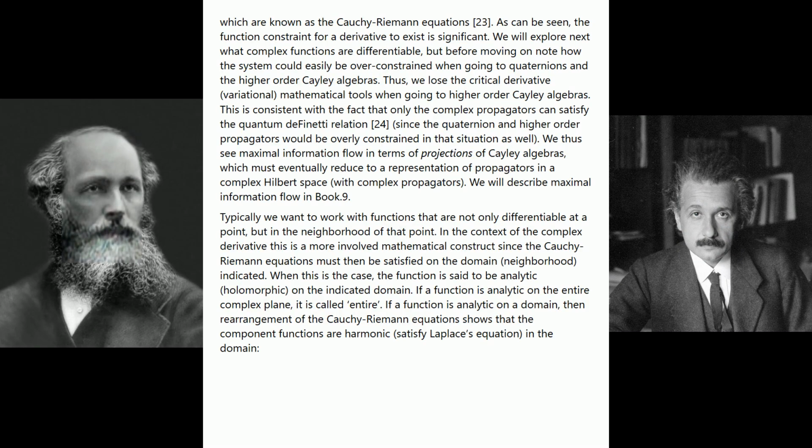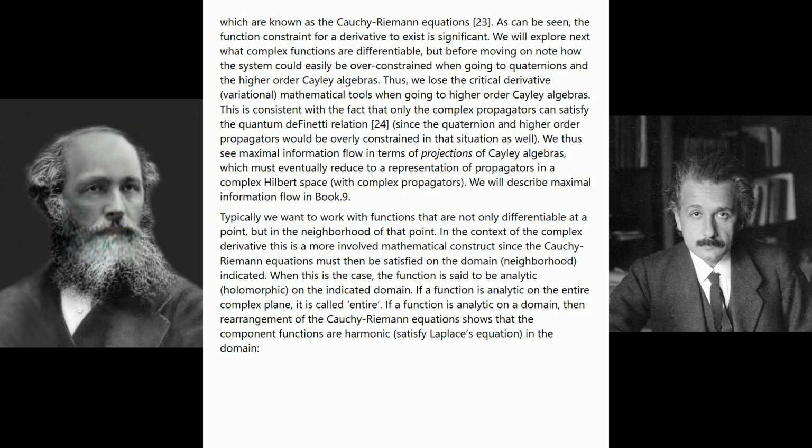As can be seen, the constraint on a function for a derivative to exist is significant. We will explore next which complex functions are differentiable, but before moving on, note how the system could easily be overconstrained when going to quaternions and the higher-order Cayley algebras. Thus, we lose the critical derivative variational mathematical tools when going to higher-order Cayley algebras.